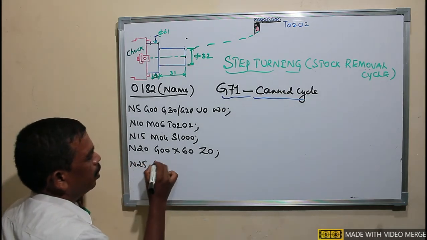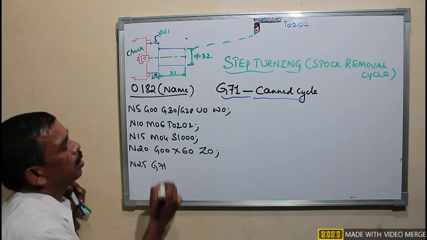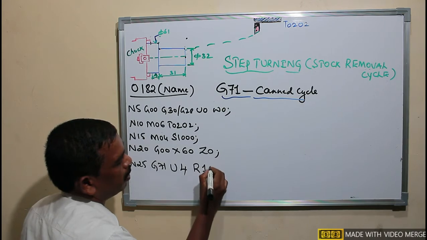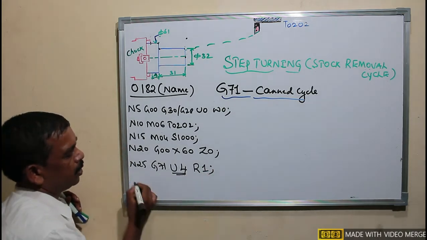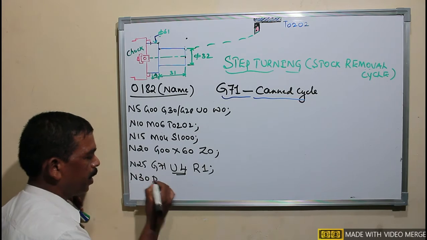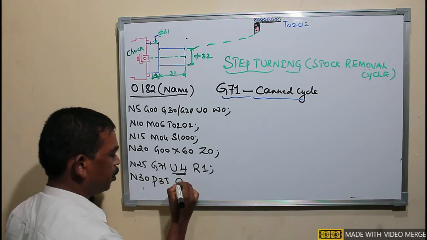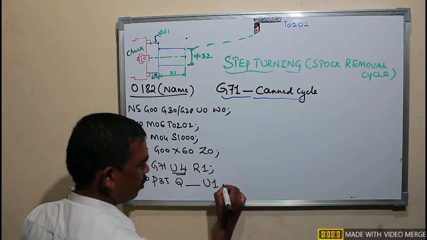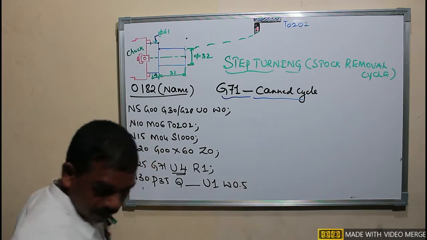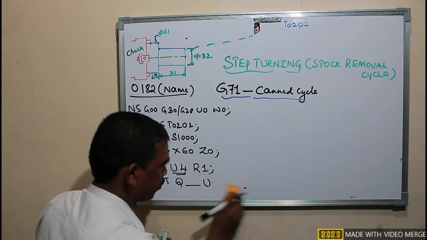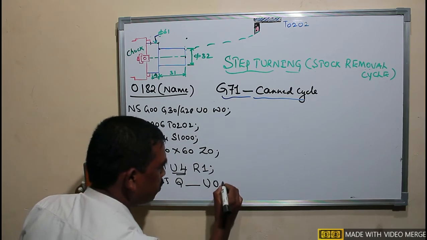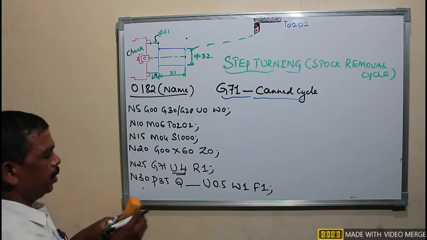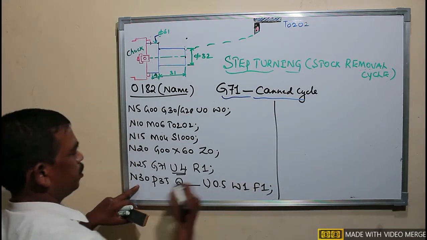Then G71, U is 4 mm, R is 1 mm, this is depth of cut, and P is 35, Q we have to write afterwards, and then U is 1 mm, W is 0.5, feed is 1 mm, end of block.